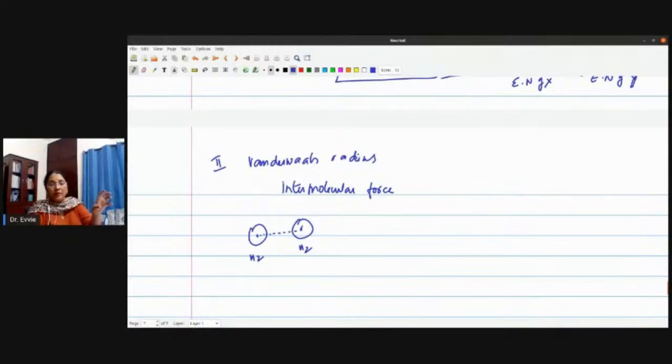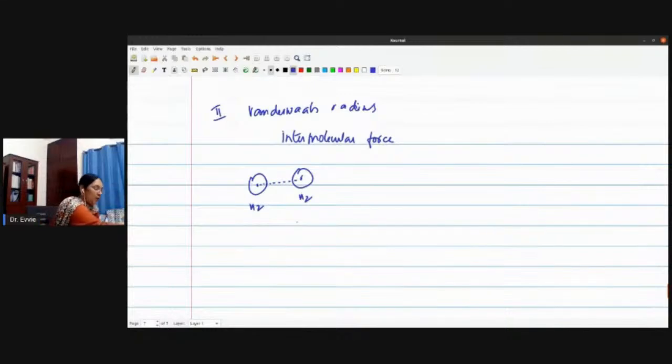So that force of attraction is called your van der Waals force of attraction. So here, how do I find the value? The van der Waals radius is equal to d of H2-H2, the distance between the two molecules of H2, divided by 2. This is your formula.